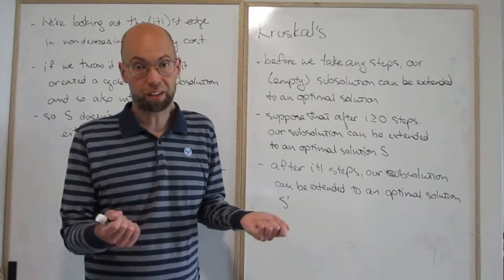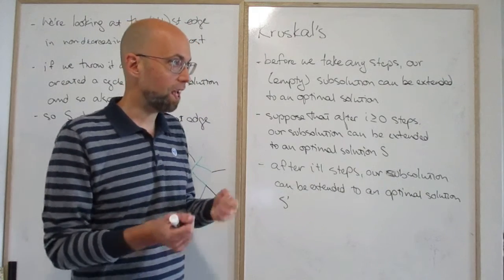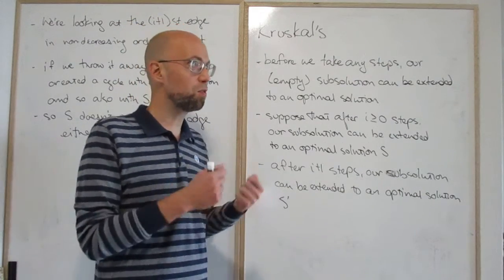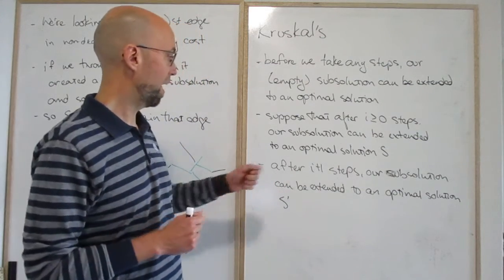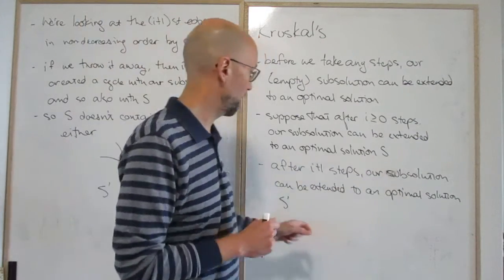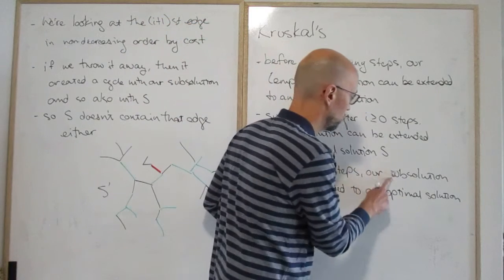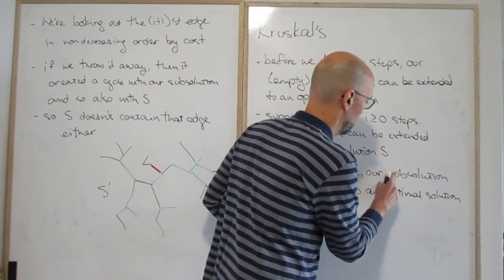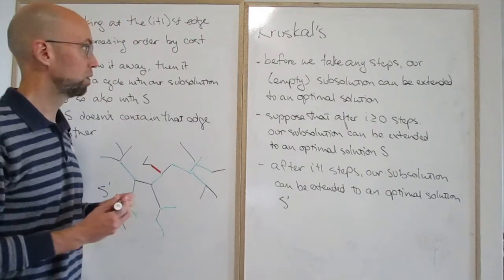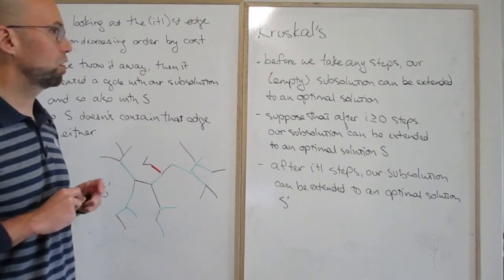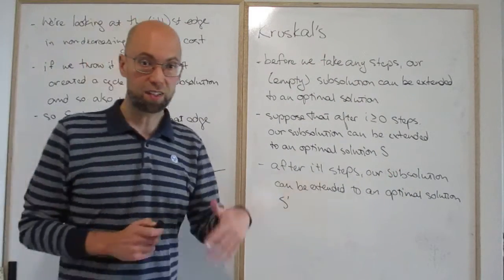This is called an exchange argument, and get a solution S prime which is not more expensive than S, so it's also optimal, and it extends our subsolution after i plus 1 steps. This is just ugly. I'm going to erase that and write this. Okay. So, good. So this works whether or not we take the edge.